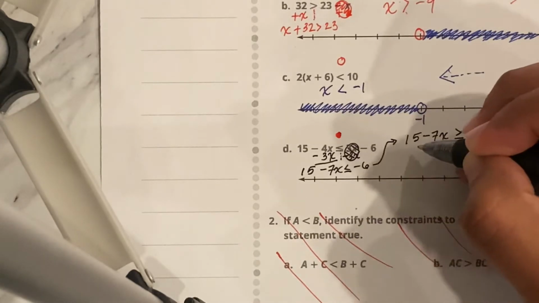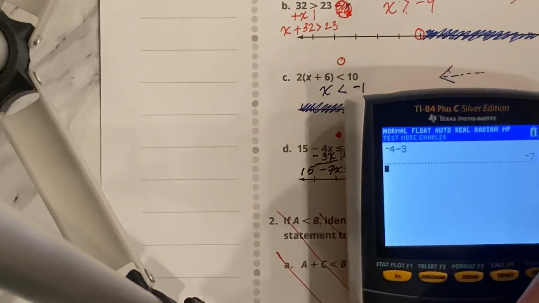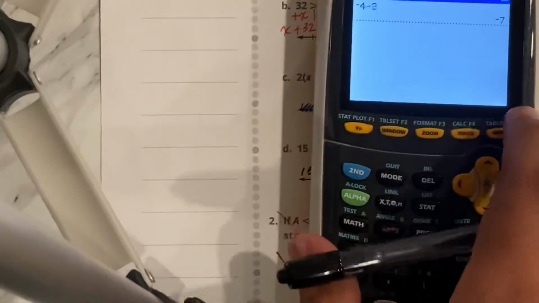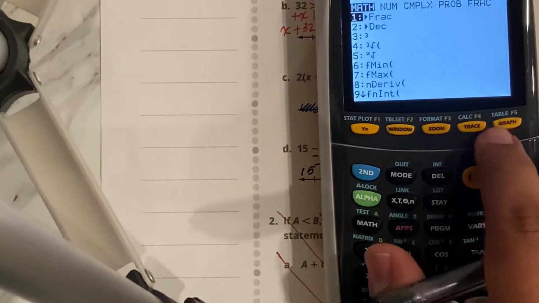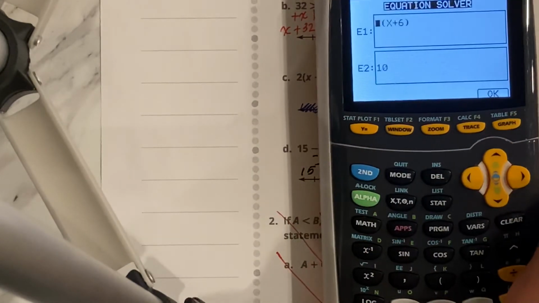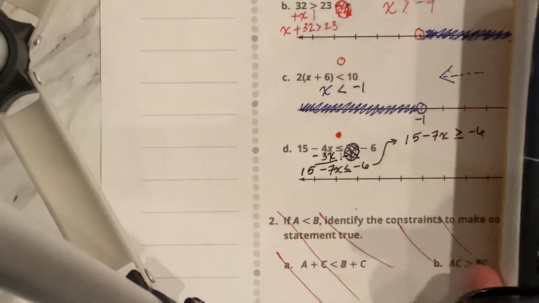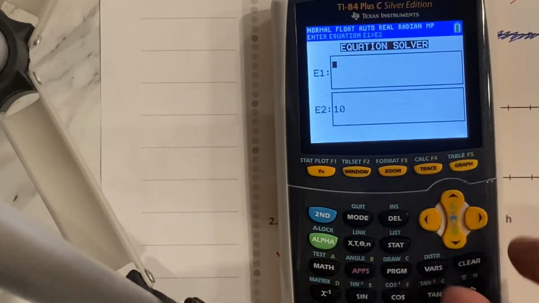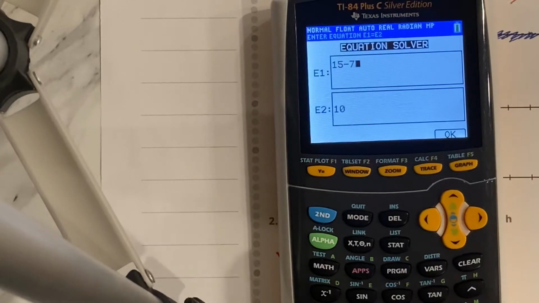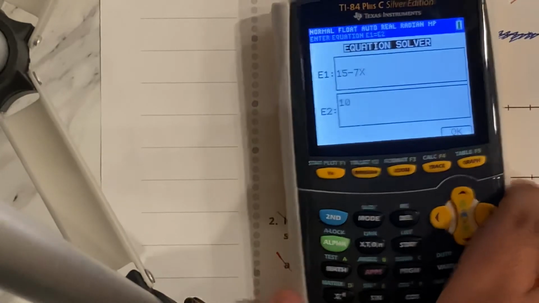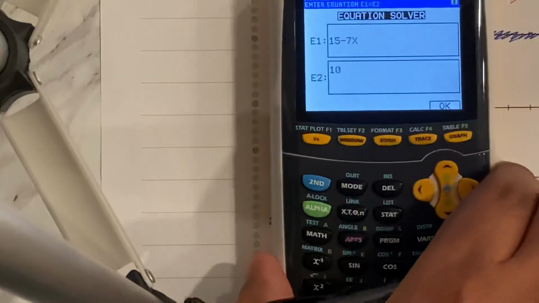Now I can use math solver. Math, up, solver. Clear that. 15 minus 7x. Coming down, negative 6.